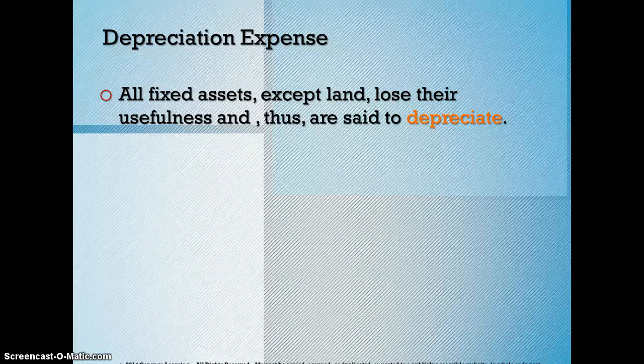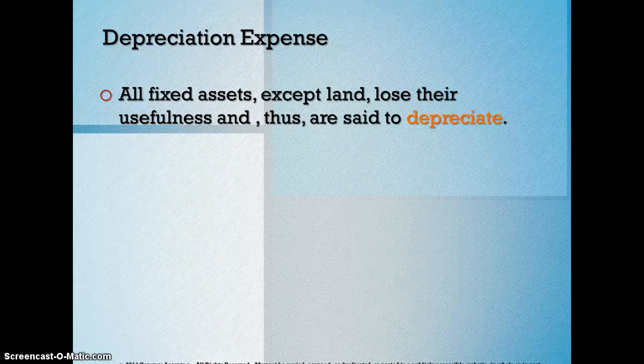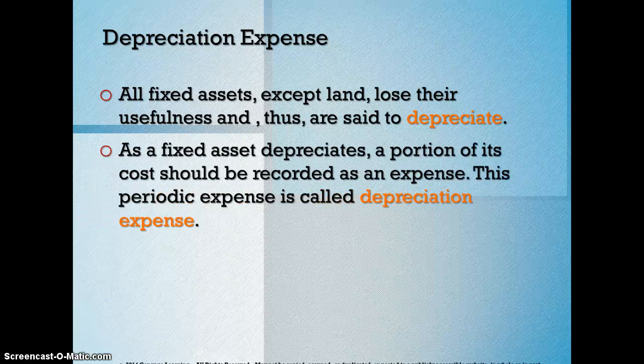So all fixed assets will depreciate except for land, the actual land, not the building it's on, the actual land, the earth that it is on. Land does not lose value. It's not going anywhere. So as fixed assets depreciate, we will take a portion of it and record it as an expense because every year it loses just a little bit more usefulness to us because it just gets older.